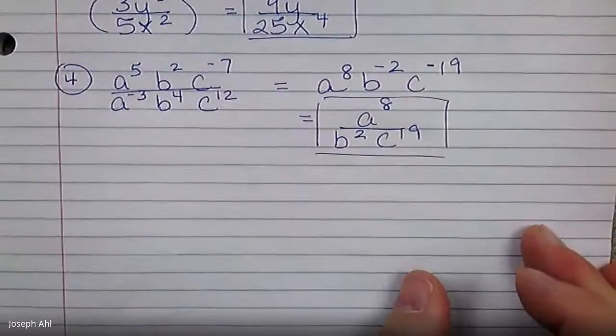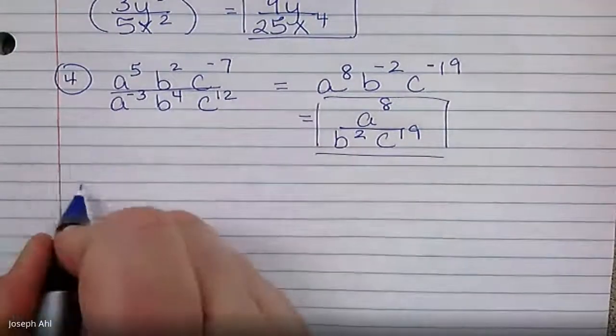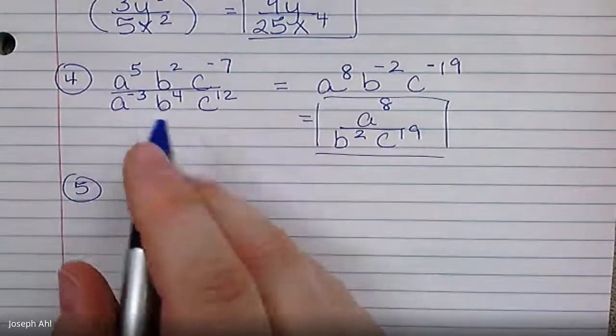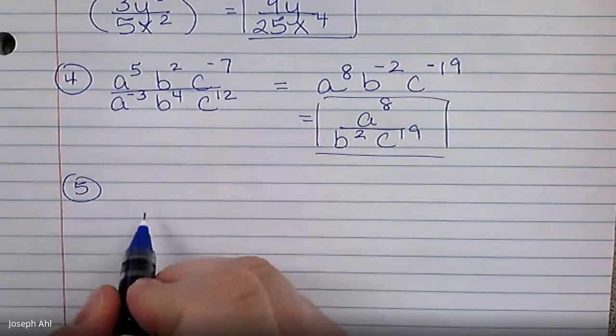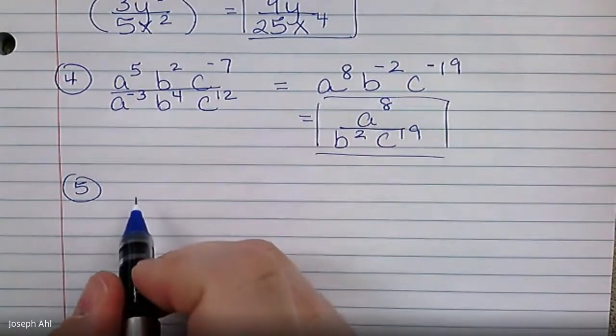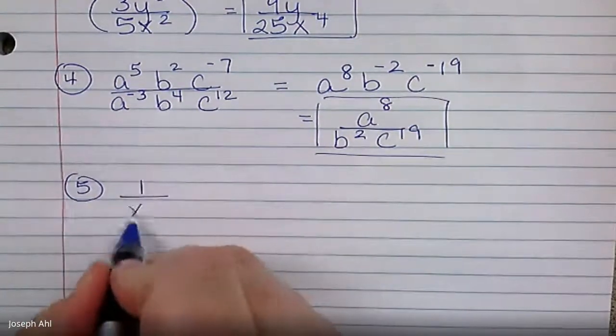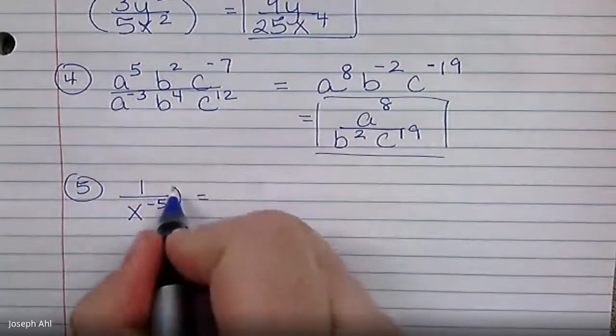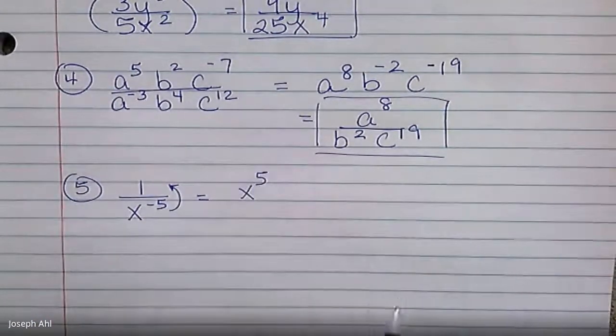Okay. And by the way, for that reason, when you have a negative exponent, and if it's in the bottom, you can make it positive by moving it up to the numerator. So if you have 1 over x to the negative 5th power, let's say, that's equivalent to, if I move it to the top, x to the 5th.